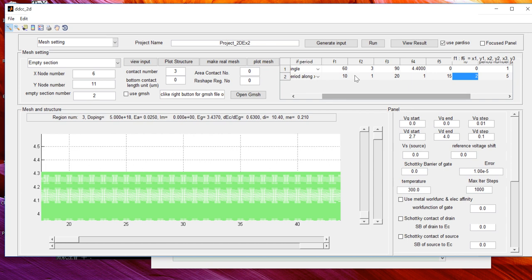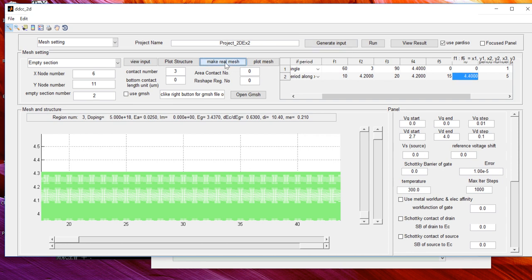Okay, if I change this to be 4.2, 20, 4.2, and this to be 4.4.